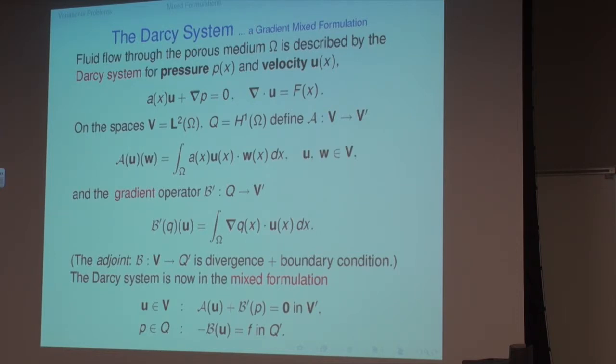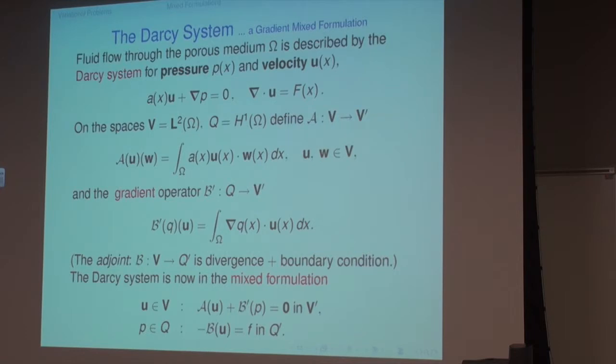And by the way, in our introductory courses, the first thing we do is eliminate the velocity u, back substitute there, and get a single equation for p, which, substituting this u into that one, tells us that minus the divergence of a of x times the gradient of p is equal to f.